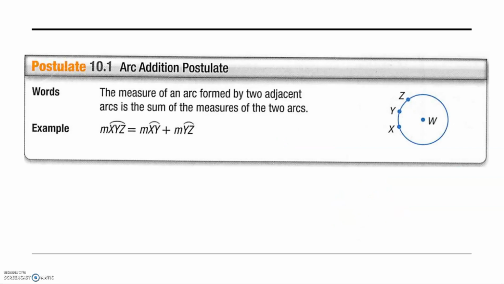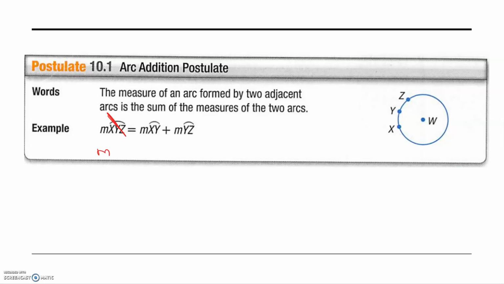So just like segment addition postulate, just like angle addition postulate, you have something called arc addition postulate where you can add two arcs together to solve for the arc length and distance. Now, this is a bad example because by this picture, XY plus YZ, yes, it's XYZ, but that would imply that that's a major arc, and in this picture it's not.